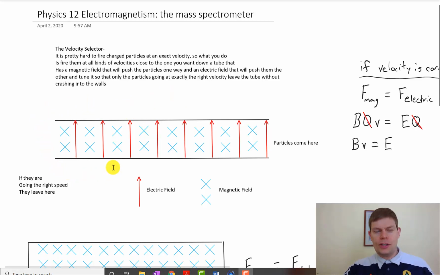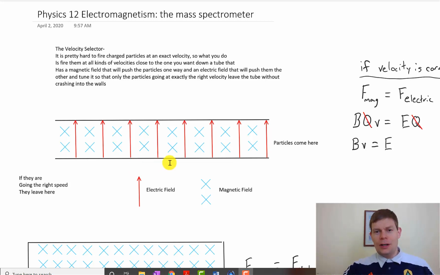So the first thing you need for a mass spectrometer is a really accurate thing that can shoot these. You've got to ionize the particles and fire them off at a very specific velocity, but it's very hard to fire particles at a specific velocity, especially if you don't even know their mass or anything.